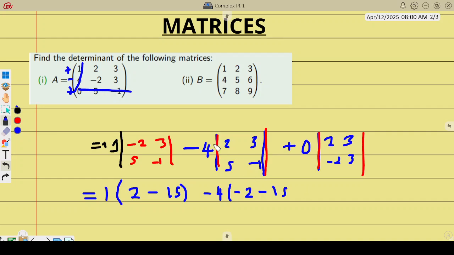Why are these having the same? Wait, I hope I haven't made the mistake. Oh, this one is. So 5 times 2 times negative 1 is negative 2, and then 5 times 2, 15. Oh, here we don't have a negative.